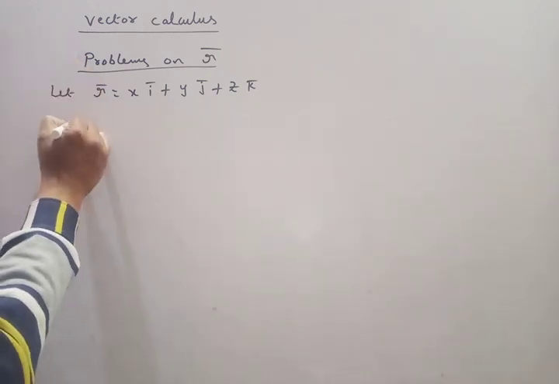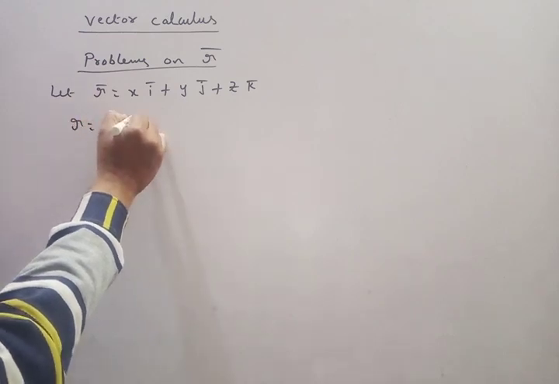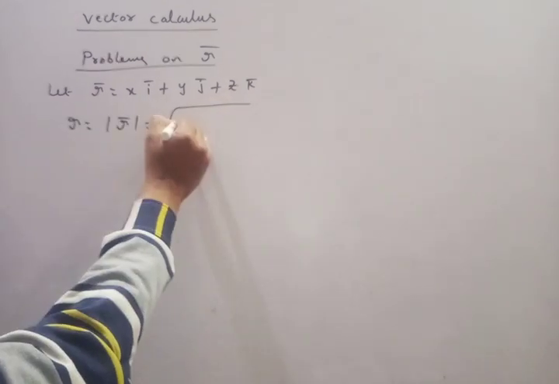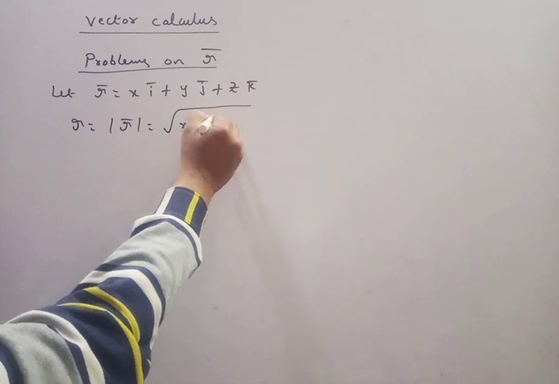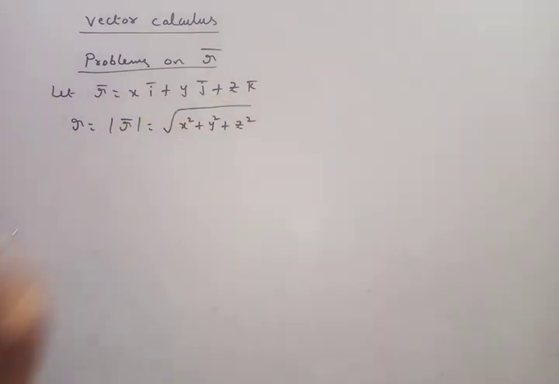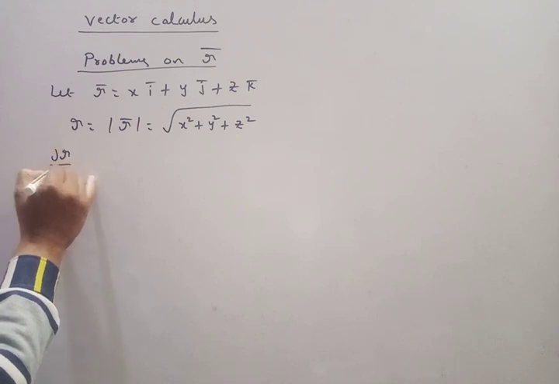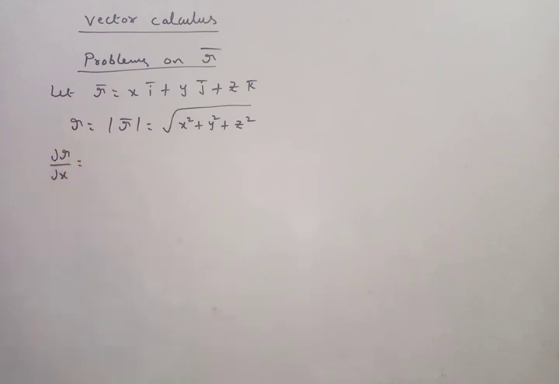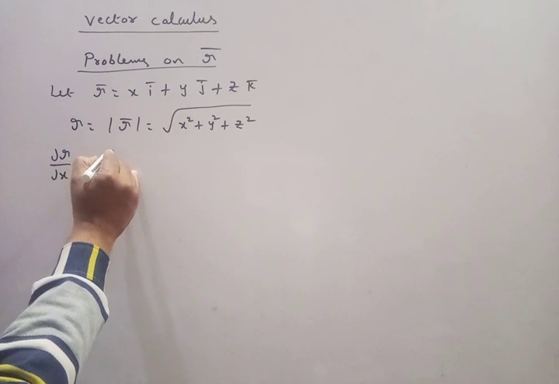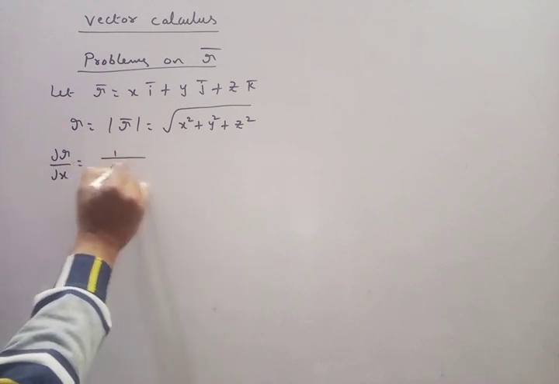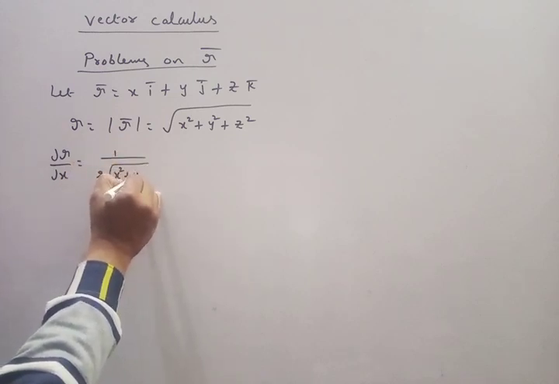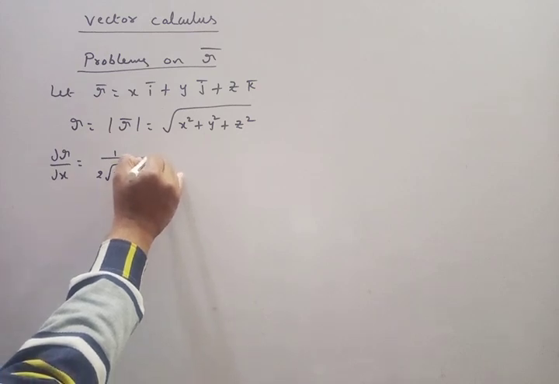Then what is the small r value? Mod R bar. That means square root of x square plus y square plus z square. Correct? Then what is dou r by dou x? The partial derivative of r with respect to x will give you root x differentiation, 1 by 2 root of x square plus y square plus z square.